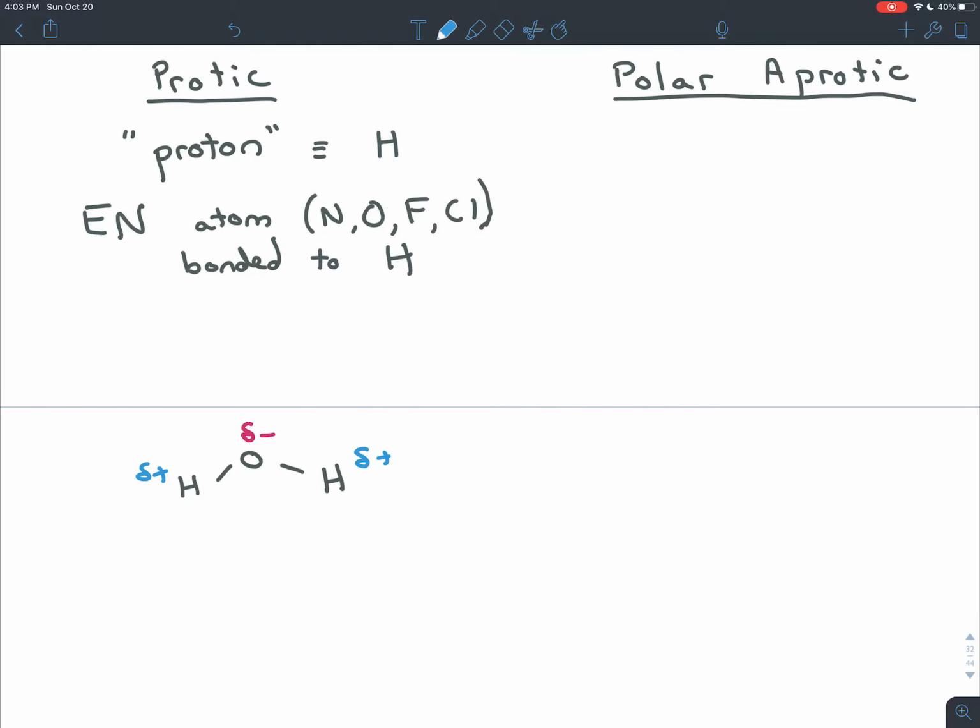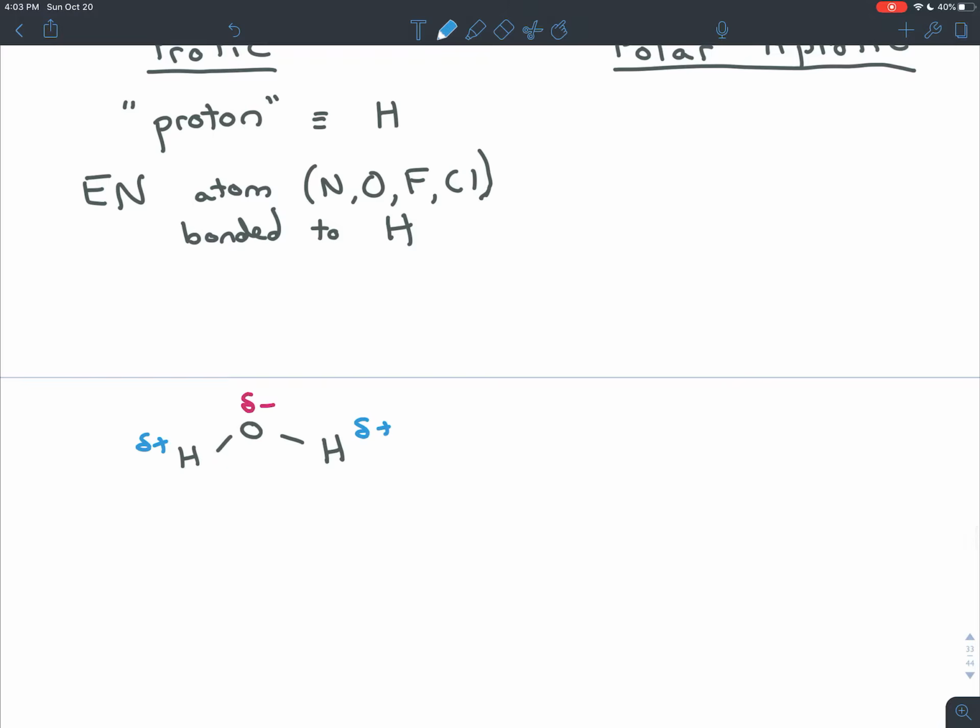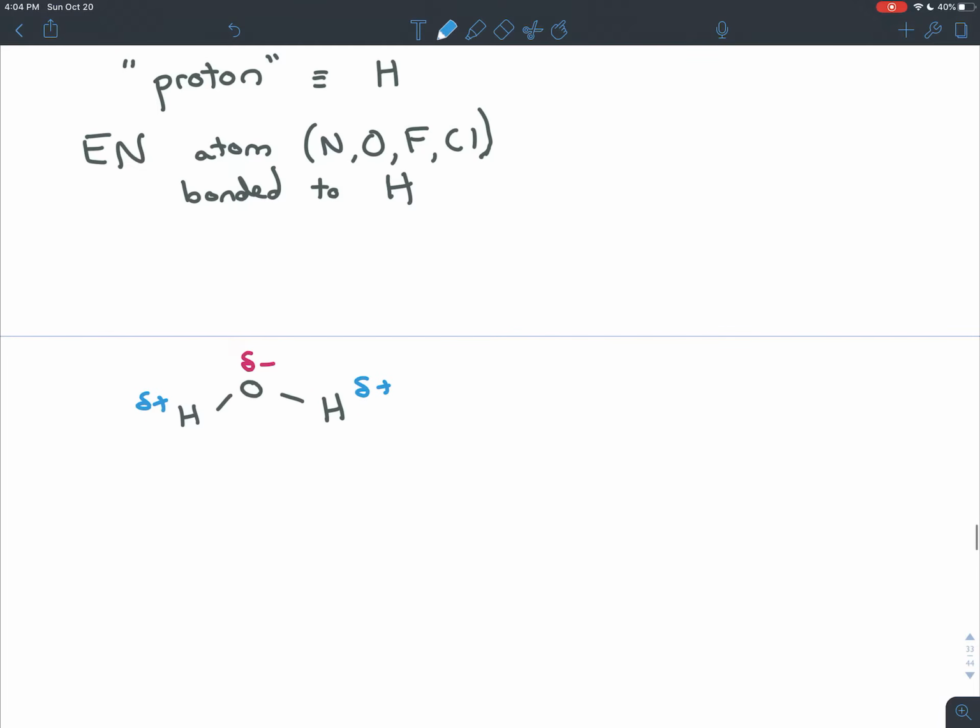Now, hydrogens are always on the outside of a molecule because they can only form one bond. So one side will face the inside of the molecule, but the other side will always face the outside of the molecule. So hydrogens are always exposed to the outside world.